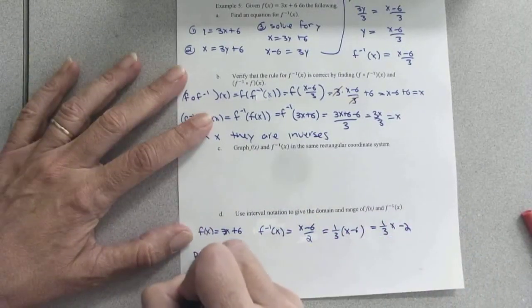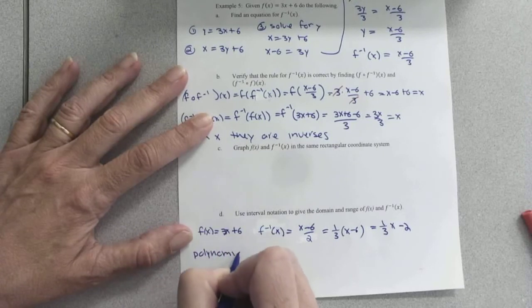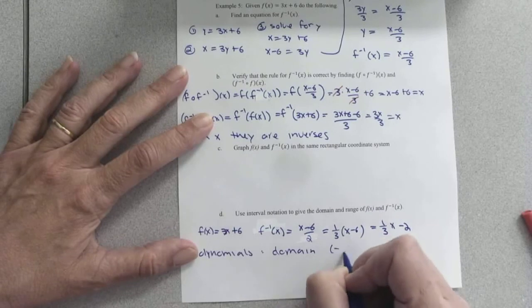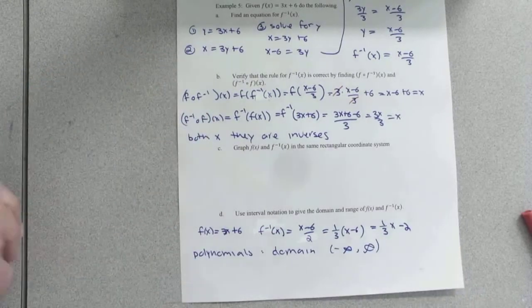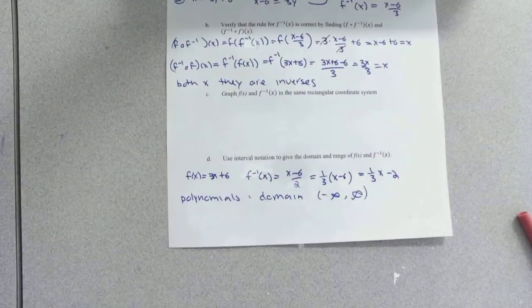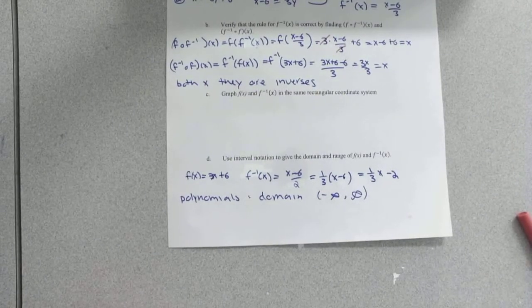The reason I did both of those is they're both polynomials. So we learned earlier that the domain of polynomials, whole number exponents, no variables in radicals and denominators, is negative infinity to infinity. So the domain of both f and f inverse is negative infinity to infinity.